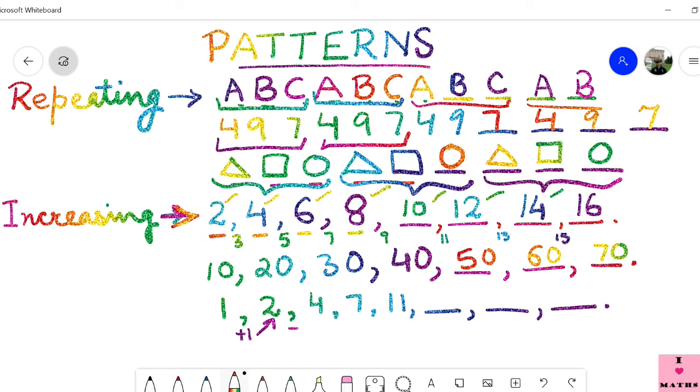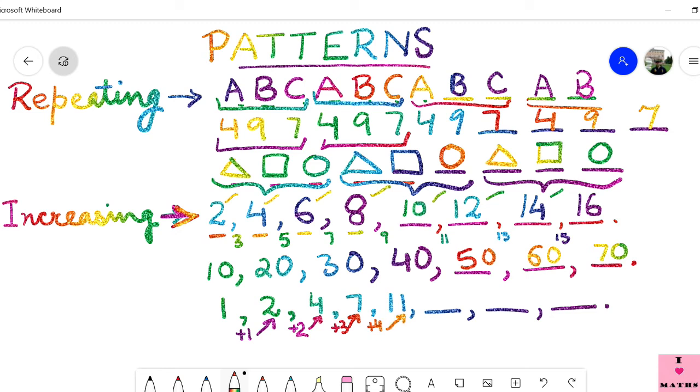In 2, 2 was added and you got 4. In 4, 3 was added. 4 plus 3 gave you 7. In 7, 4 was added and you got 11.